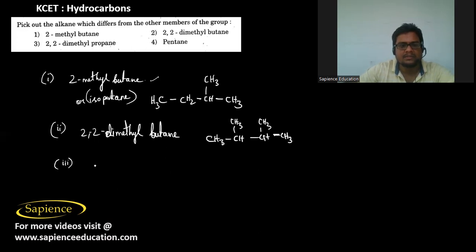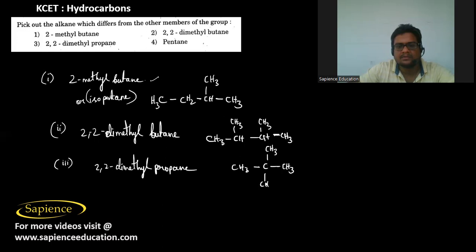And the third one is 2,2-dimethyl propane, whose structure is like this, which is also called neopentane. And the fourth one is n-pentane, which has 5 carbons, CH3, CH2 whole thrice, CH3.